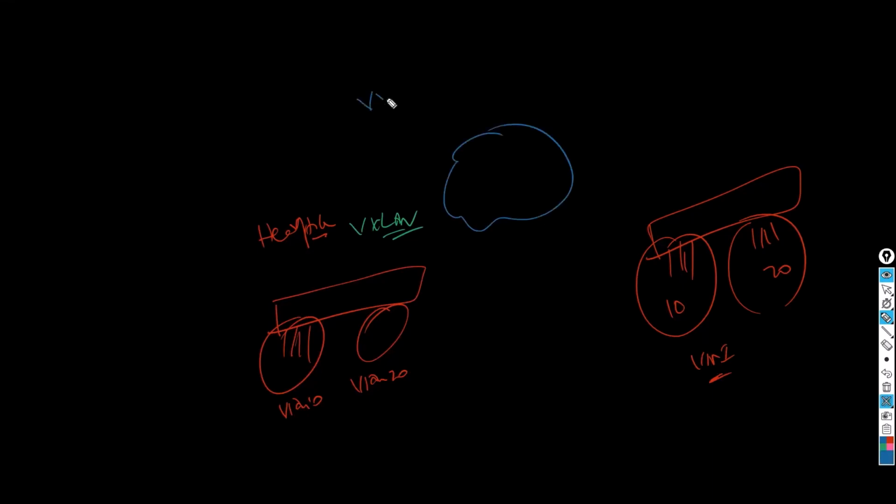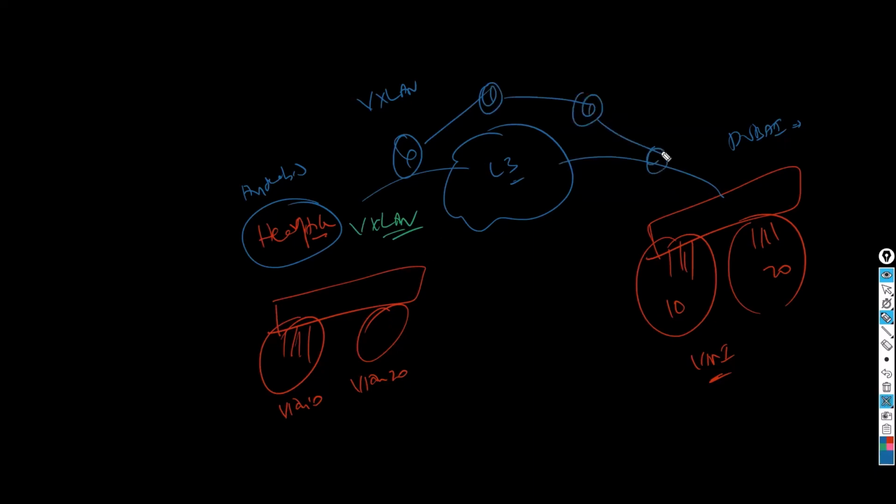Now, as I said, in the case of VXLAN, we are going to span this over the layer 3 network, which means you have your head office, let's say in Hyderabad, and you have another branch office or head office in Dubai, and you're connecting over the layer 3 service provider network, maybe through some intermediate routers.